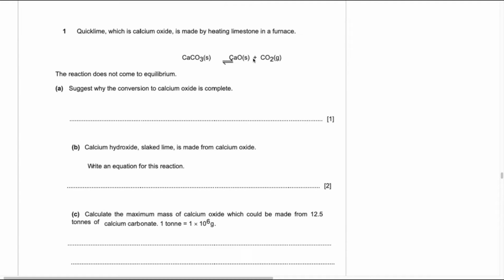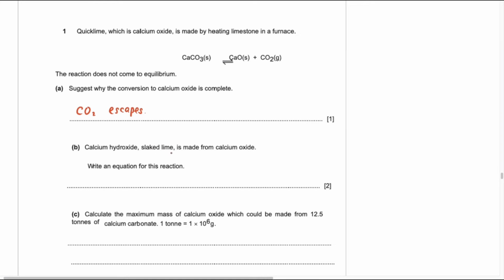Okay, so because of that, they cannot combine with calcium oxide to reform calcium carbonate. So that is one of the possible reasons. So you may write it in that way. So where you say CO2 escapes.